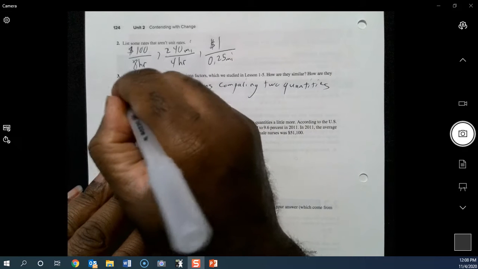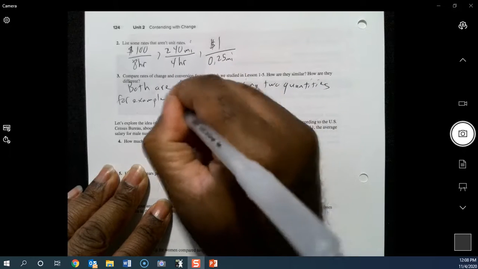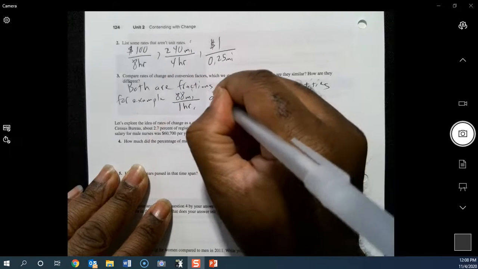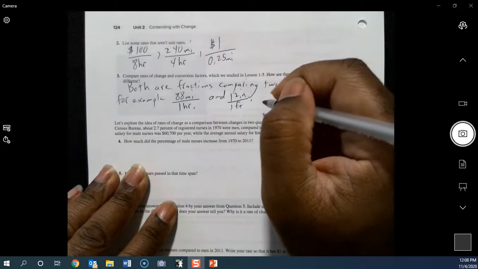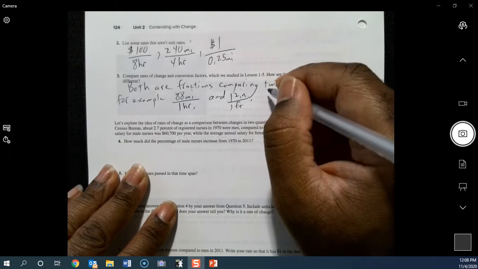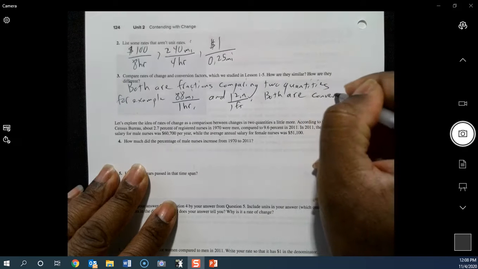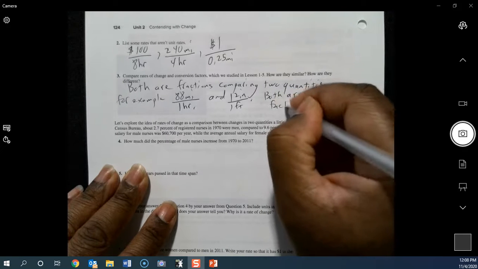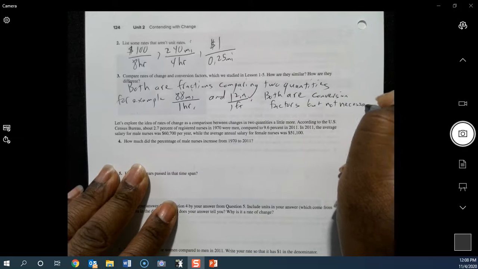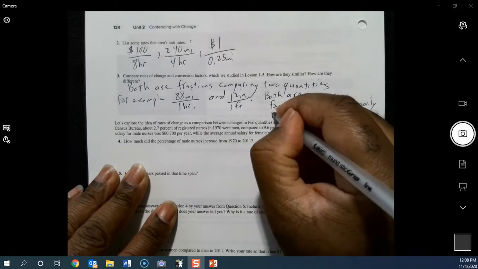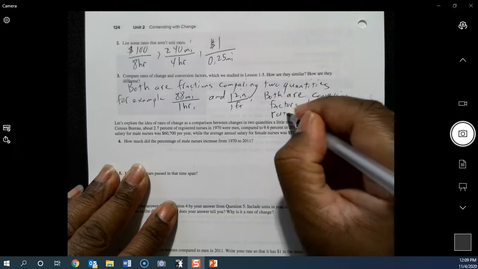And then, for example, if we took 88 miles for 1 hour, and then we take 12 inches for 1 foot, we could say both are conversion factors, but not necessarily rates of change, or I should say unit rates. Well, I could say rates of change.